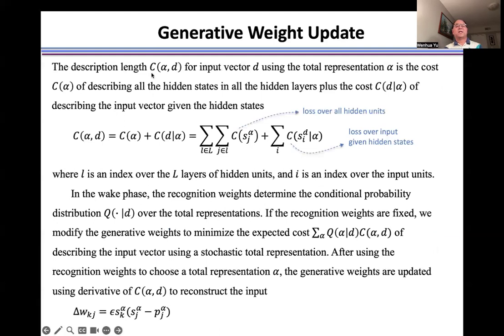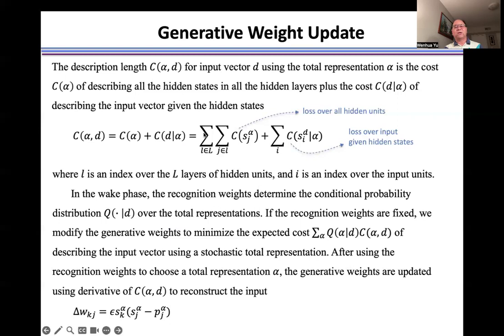The description length C for input vector D using the total representation alpha is the cost C of describing all the hidden states in all the hidden layers, plus the cost C of describing the input vector given the hidden state.